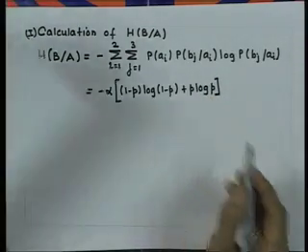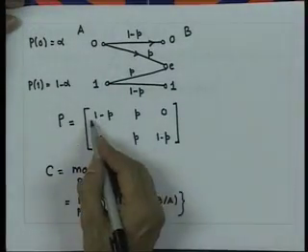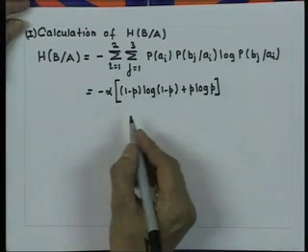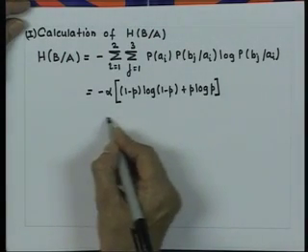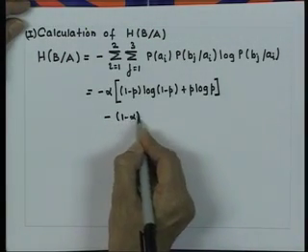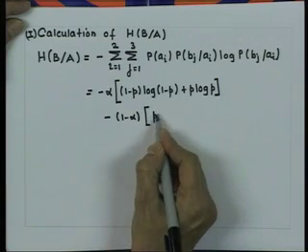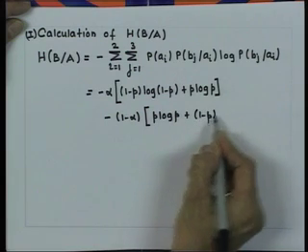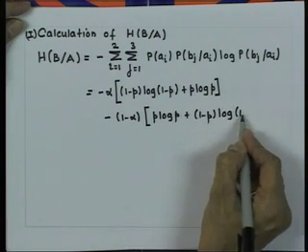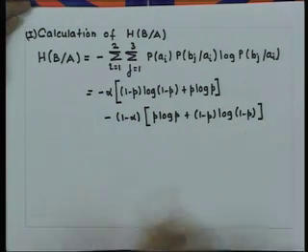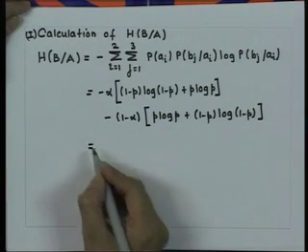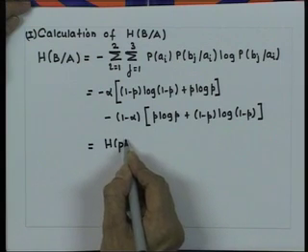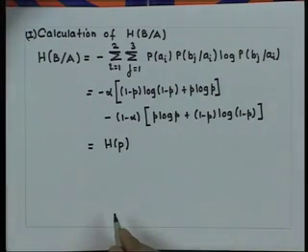This quantity corresponds to the first row of the channel matrix. Minus 1 minus alpha times (P log P plus 1 minus P log 1 minus P), and this can be simplified as H(P).